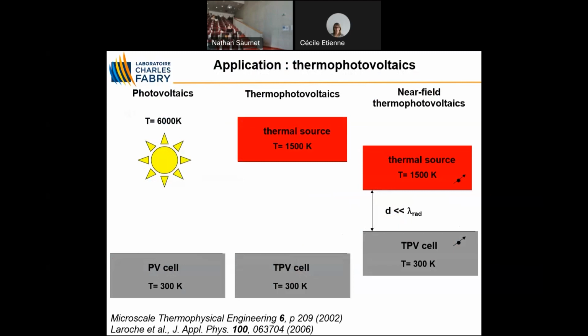The advantage of having a cell where the flux is enhanced by 2 orders of magnitude is that you may reduce the temperature. Instead of having 6,000 Kelvin, you can have a low temperature source, and you can still extract electricity out of a low temperature source.